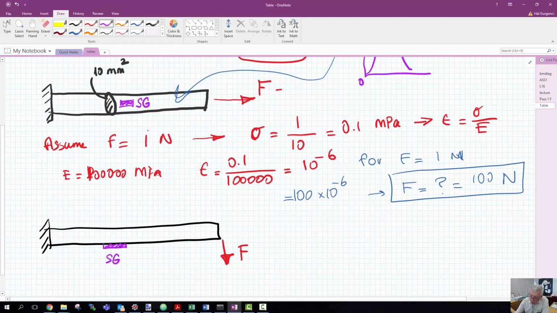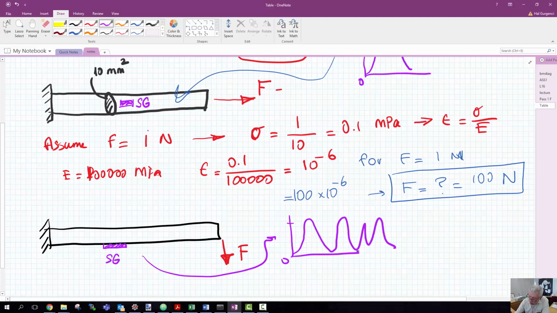Let's say the strain gauge reading was something like that, again from 0 to some value, but all from 0 going up. So what does that tell me about the direction of F? Is F directed downwards as it says here?